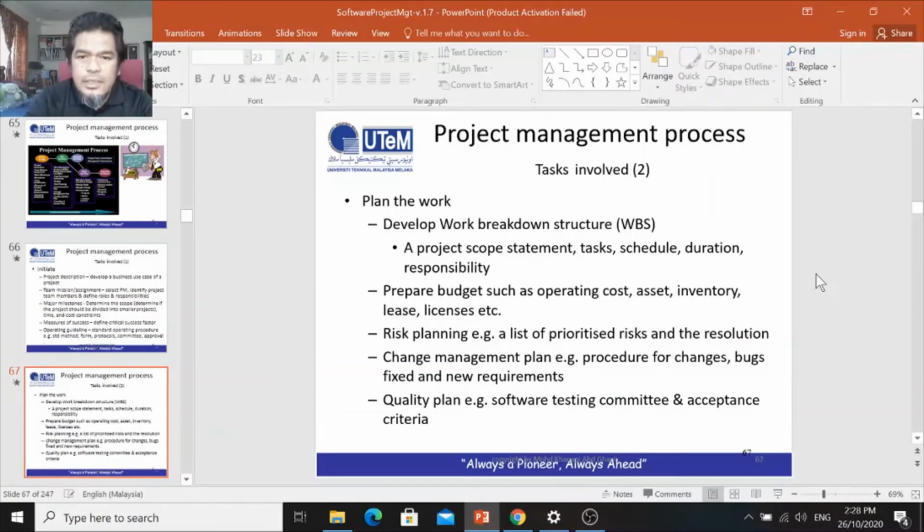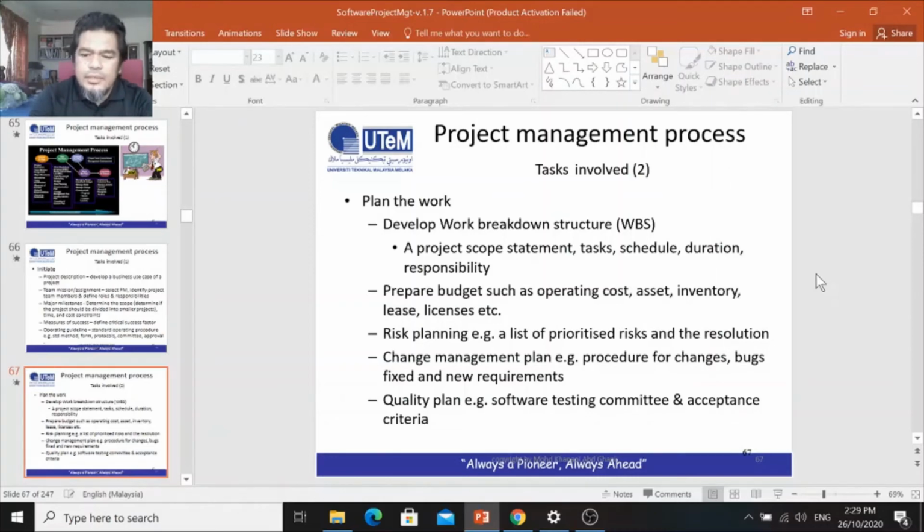Another plan or task you need to detail out is the quality plan: how the software is tested. Before you execute the software testing, you need to form the software testing committee and the acceptance criteria for getting good software.